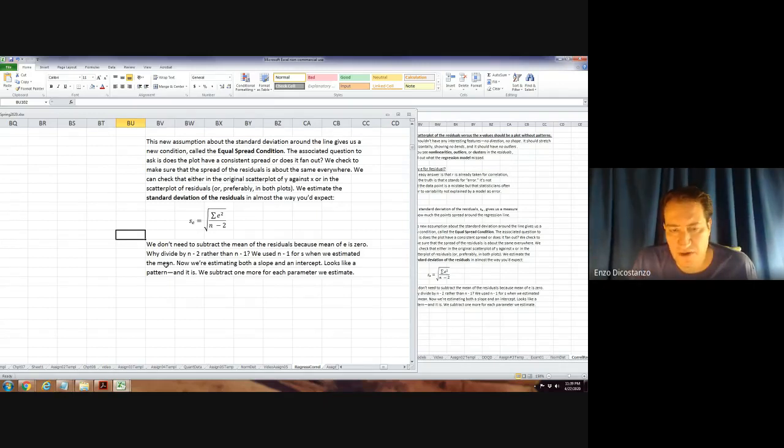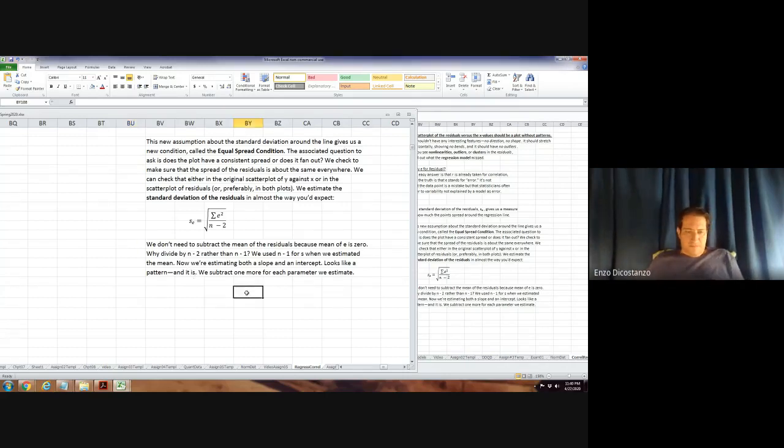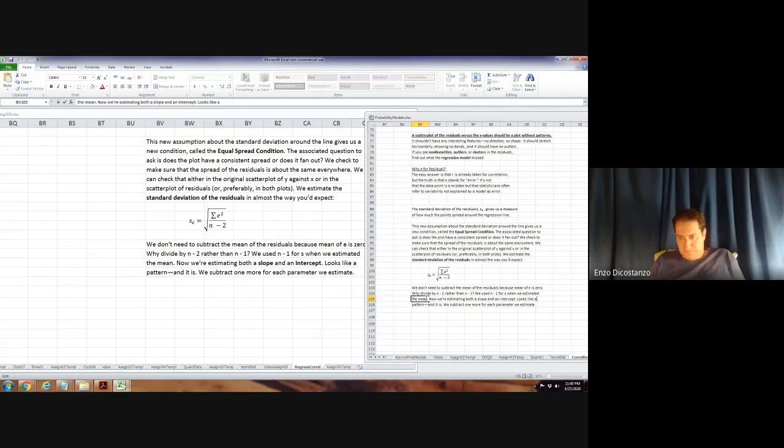You're subtracting more degrees of freedom, one more parameter for each, because you have a slope and an intercept. That's why it's divided by n minus 2.